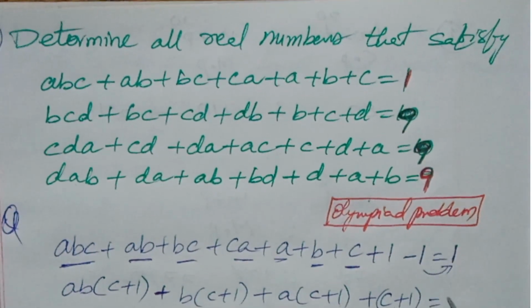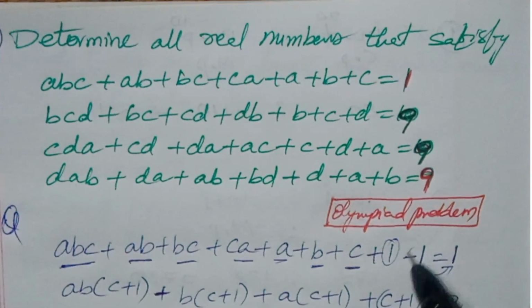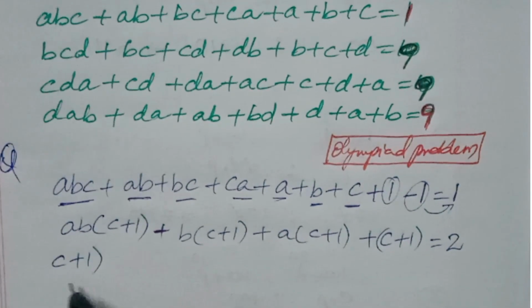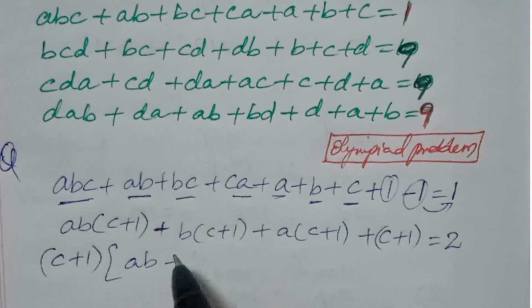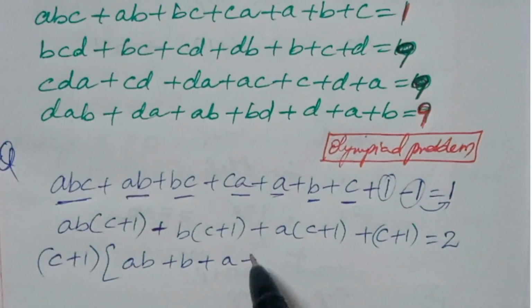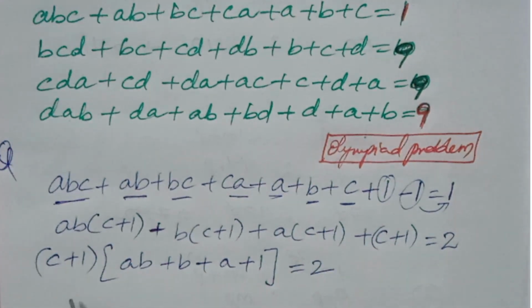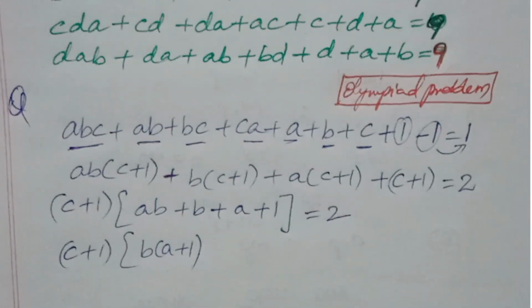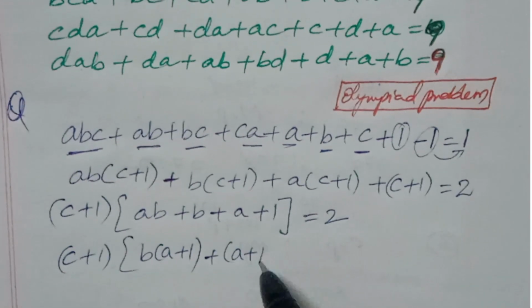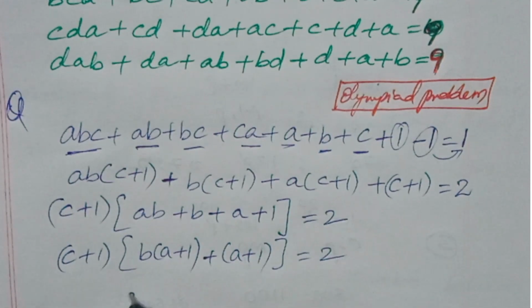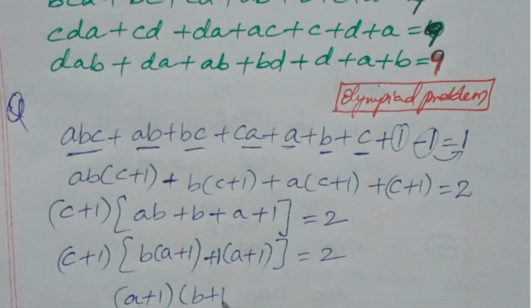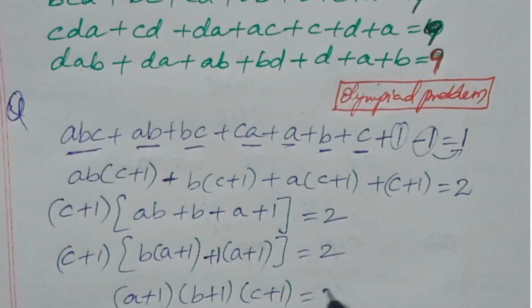Taking 1 to that side, you will get 2, adding 1 and subtracting 1. So c + 1 is common, and you will get ab + b + a + 1 equal to 2. Taking b common, b(a + 1) + 1(a + 1) equal to 2. So (a + 1)(b + 1)(c + 1) is equal to 2.